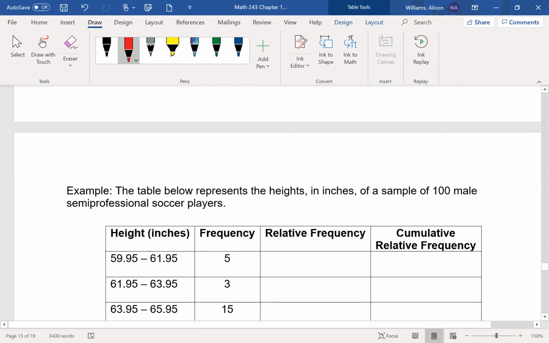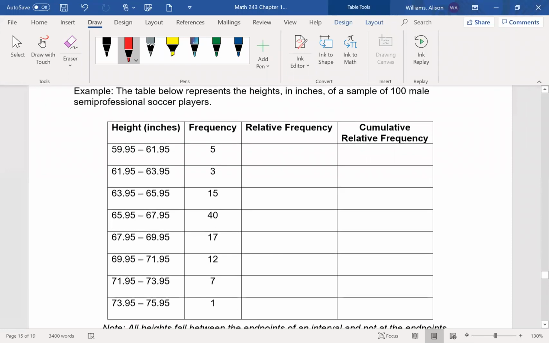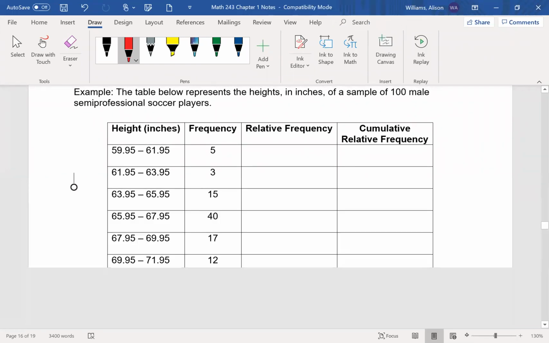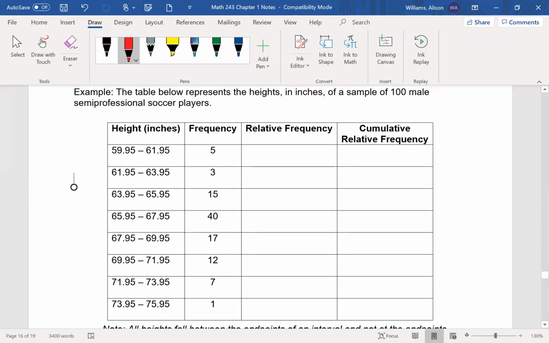So now to put it into context, let me zoom out a little bit. We're talking about heights of soccer players, 100 semi-professional soccer players. These are representing heights, and for each height, we have a frequency for each category. So let's fill in the relative frequency for all of these.